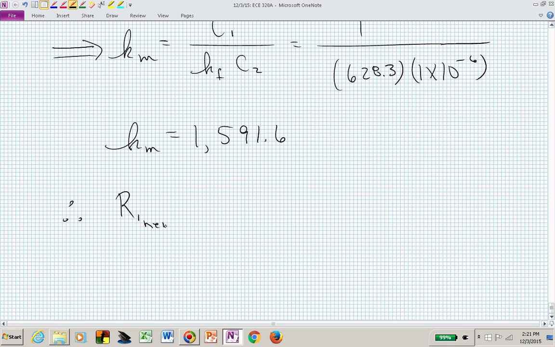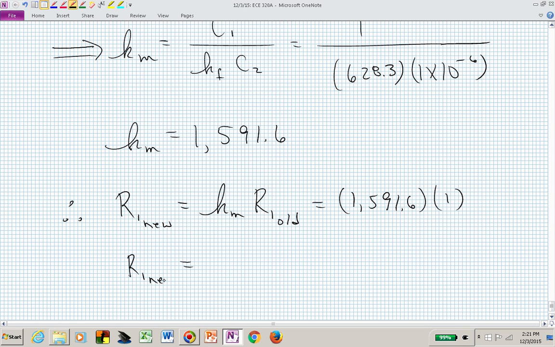We have R1 new. Now we kind of have to get around the 1 and 2 subscript because I had an R1 and an R2 in our original circuit. So let me call them the new ones and the old ones. R1 new is related to R1 old by this magnitude scaling, which was 1,591.6 times, and we set R sub 1 old equal to 1.